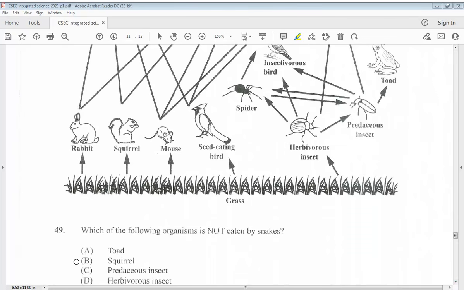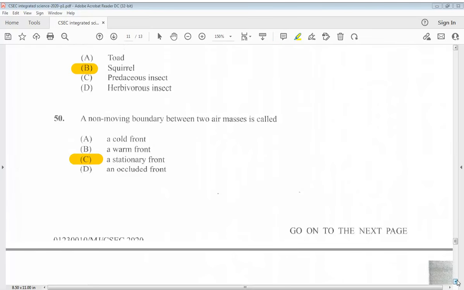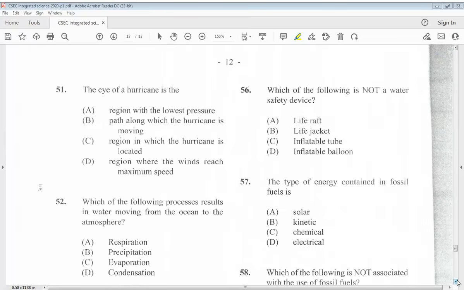So we know that's easy. B, squirrel. Let's go to 50. A non-moving boundary between two air masses is called. The answer would be C. Let's go to 51. So the eye of a hurricane is the, you know, the eye of the hurricane is A.